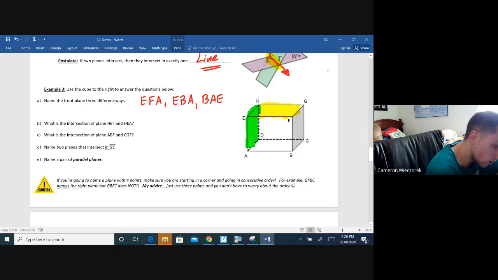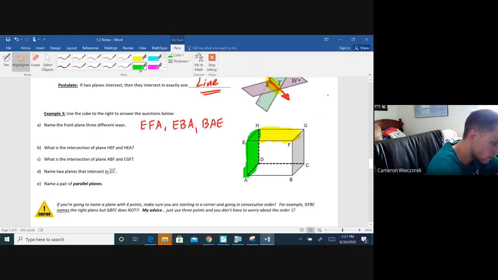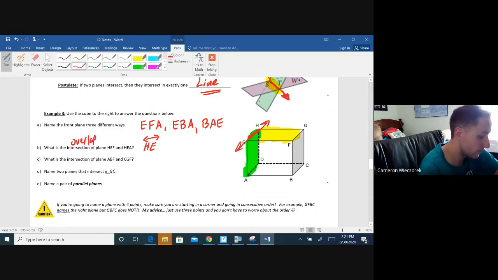So if you look at where those overlap, they intersect in that top little segment right here. But remember, it's not just a segment. Planes go forever in both directions. So the intersection is actually going to be that entire line, HE. Okay. So you're just looking for the place where they overlap. Intersection just means where's the overlap?